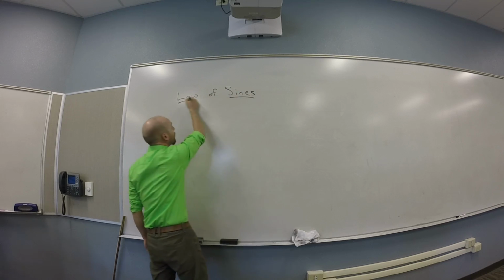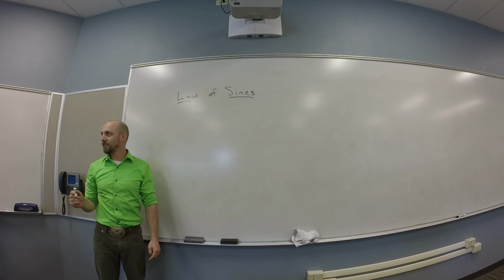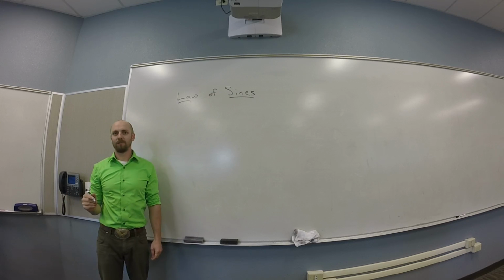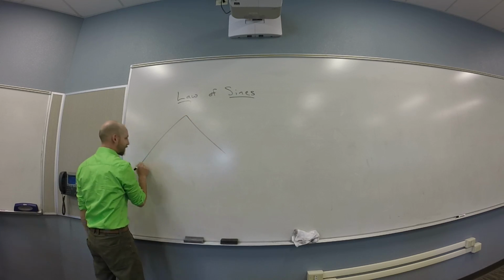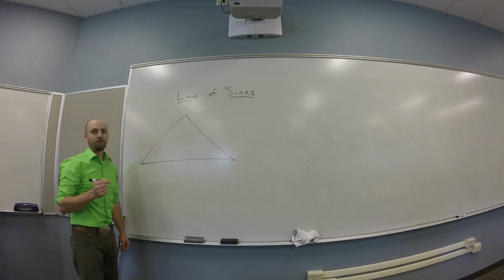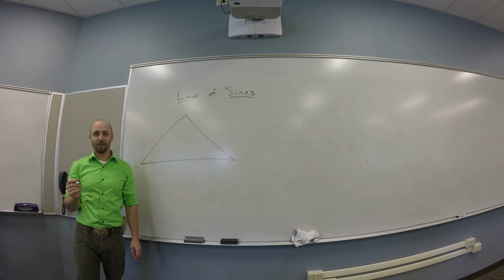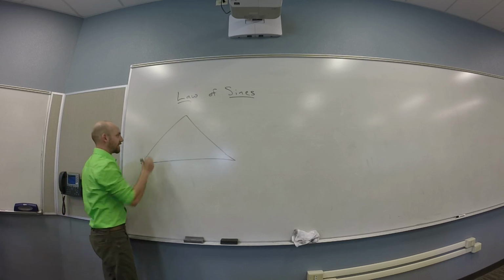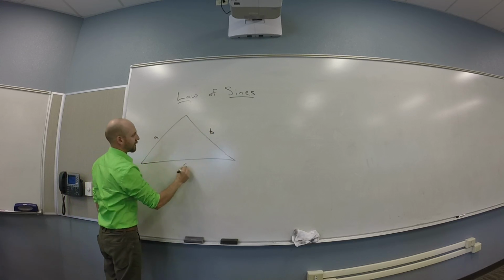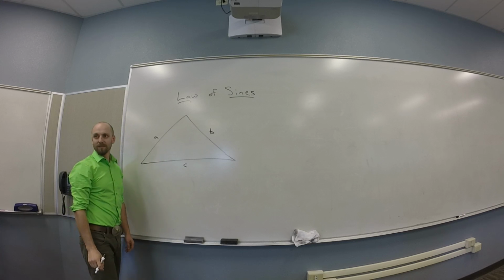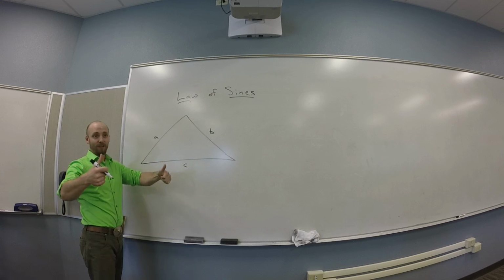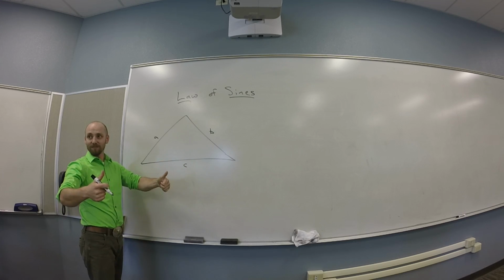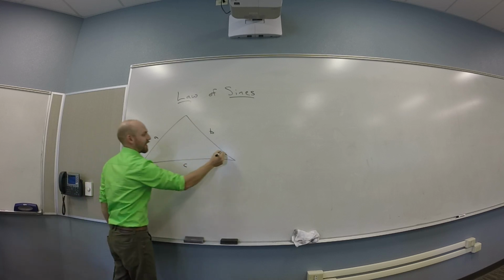So the law of sines. Let's start with our standing assumptions for the day. The standing assumption is that I have a triangle, which is not necessarily a right triangle, and it has sides A, B, and C, and angles A, B, and C. The angles go opposite the sides.